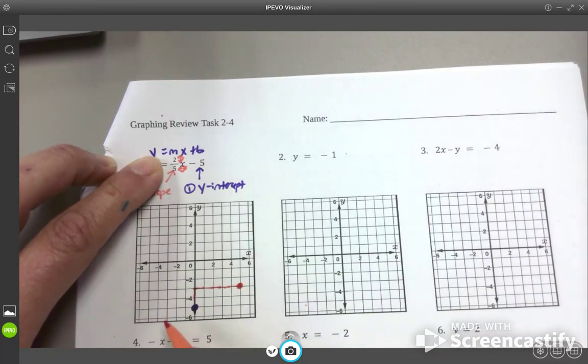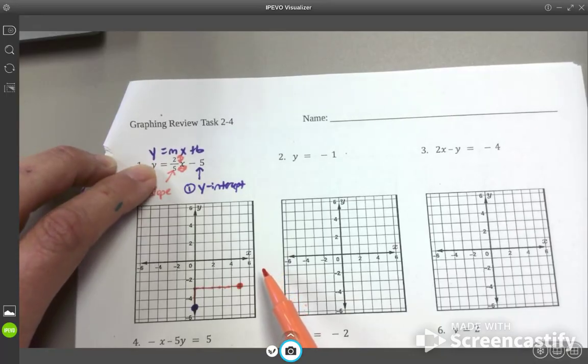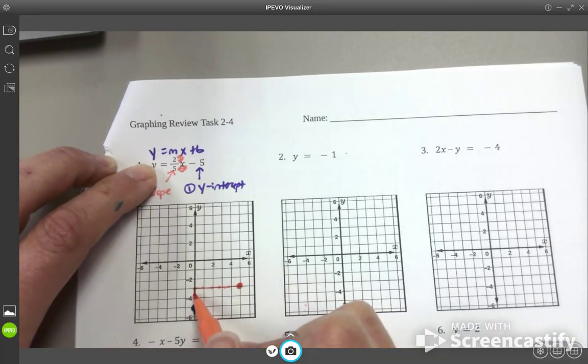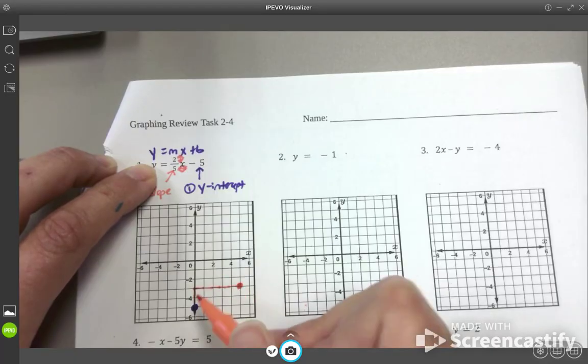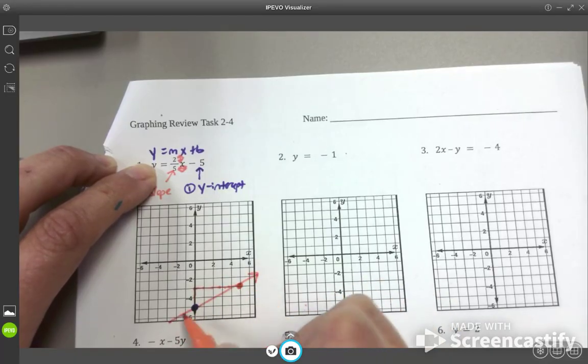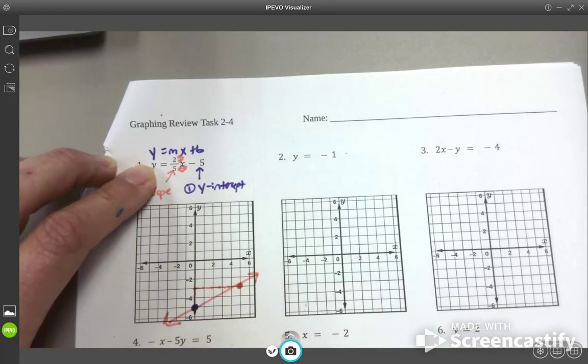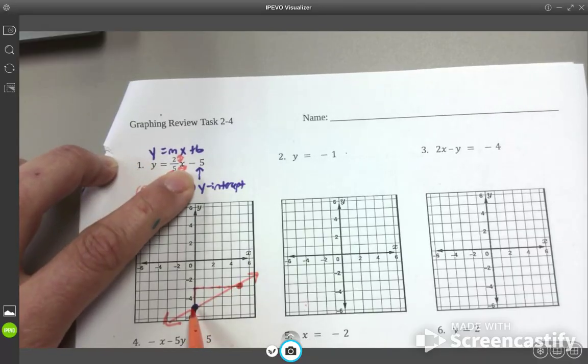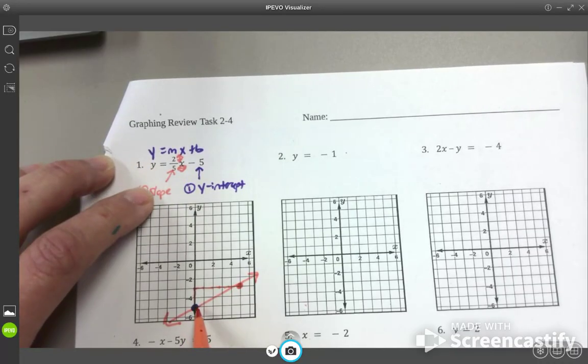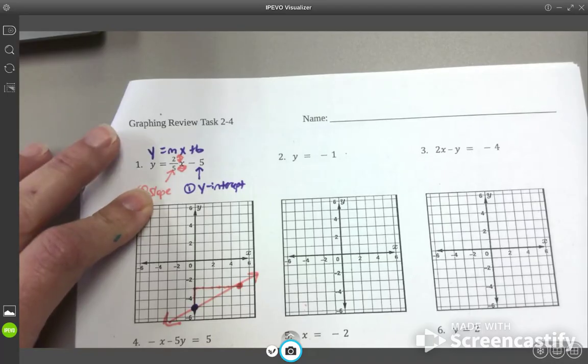And before I draw my line, I trace and make sure that my line's going up because of that positive slope. So vertical change of 2, horizontal change of 5, there's my line. So when you have slope-intercept form, first the y-intercept gets graphed, then the slope gets used.